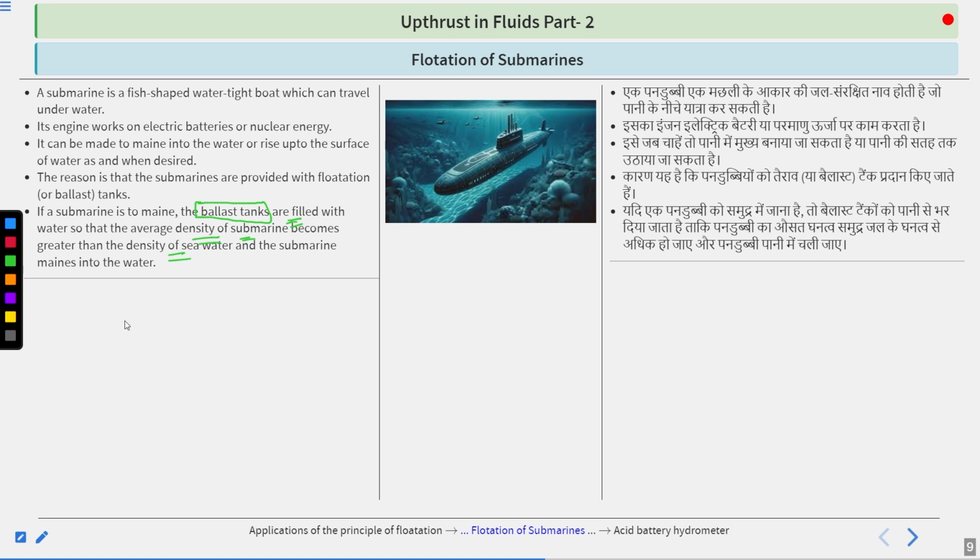So remember, when a submarine has to go under the water, the ballast tanks are filled with seawater, so that the average density of the submarine becomes higher than the density of seawater and the submarine will float inside the water. When the submarine is to come to the surface, the ballast tanks get emptied by discharging the water into the sea, and the submarine is now able to come to the surface of the water. Got it?